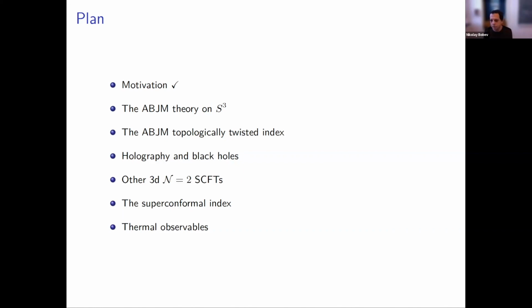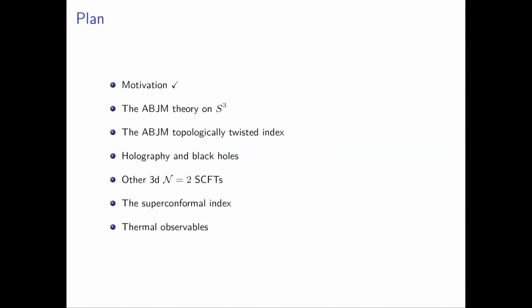People like Samir Murthy and Atish Dabholkar have written many papers on this. So in some instances, you can get results directly applying SUSY localization in gravitational models, but it's somewhat confusing what the rules are and what the level of rigor is. And it's certainly confusing to me how to apply it in the anti-de Sitter context. So I will not be doing that in this talk, but it's an interesting thing to ask and study.